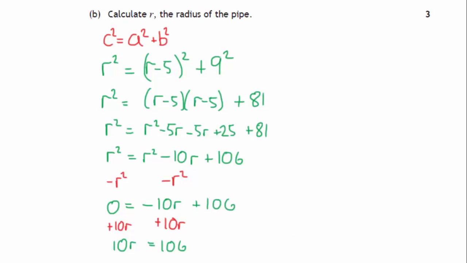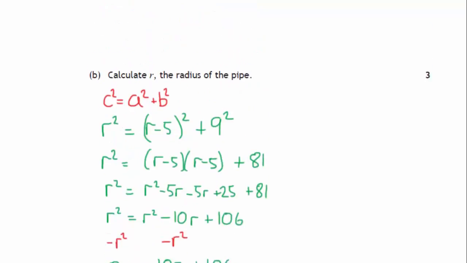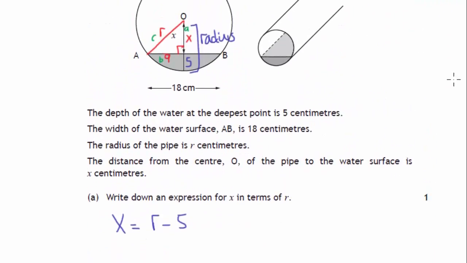Then obviously if it's 10r equals 106, you divide it by 10. So we divide that side by 10, and you end up with your answer of r equals 10.6.